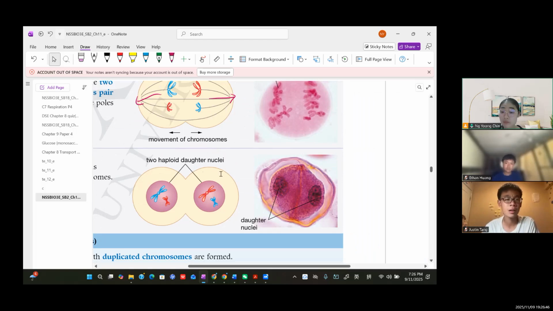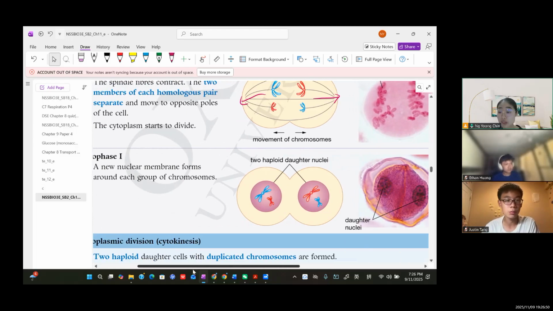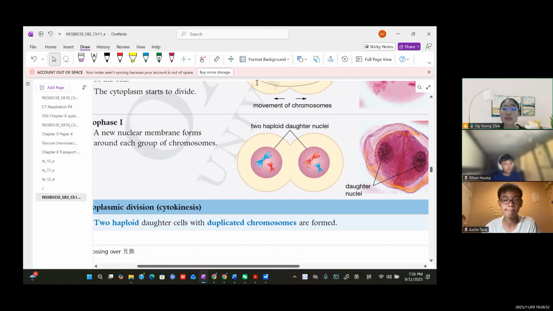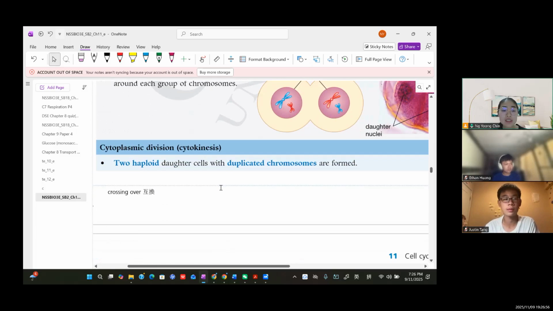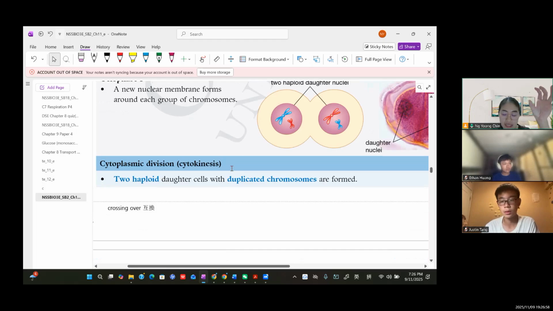But it won't stop. It will continue, because this is not the end of the journey. So now they will continue to enter the second phase. So in the first phase of the meiosis, after they complete separating the homologous chromosomes, they produce two haploid daughter cells, each of them consisting of duplicated chromosomes.